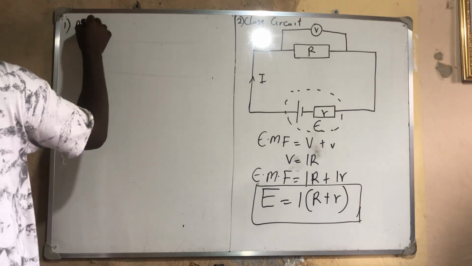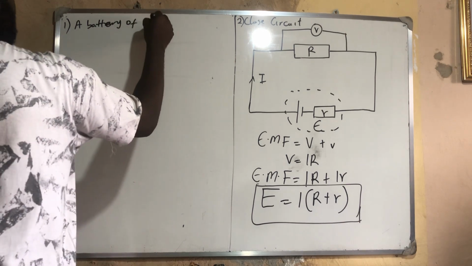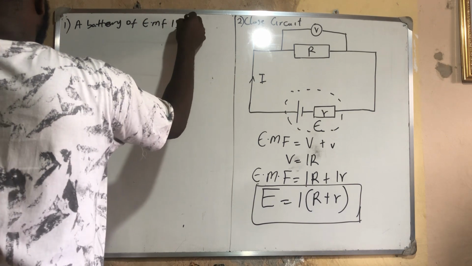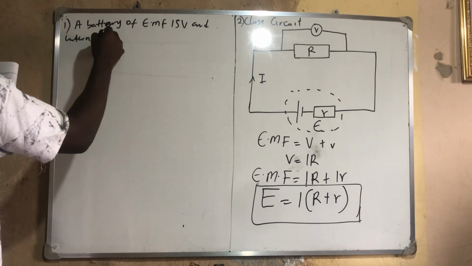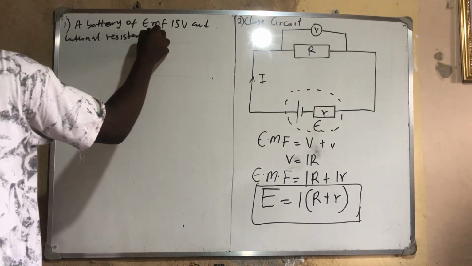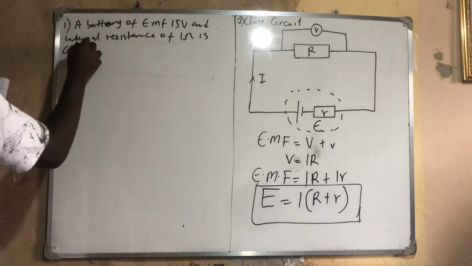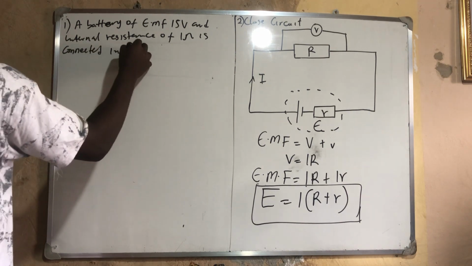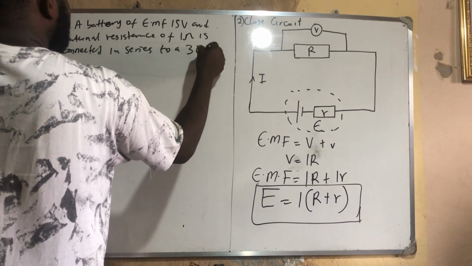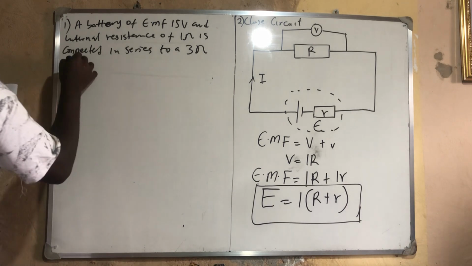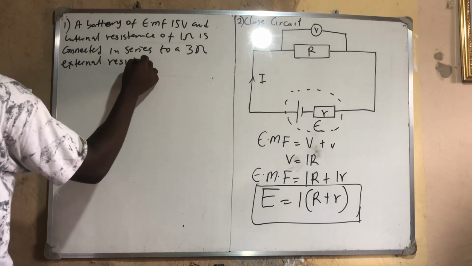They said a battery of EMF 15 volts and internal resistance of 1 ohm is connected in series to a 3 ohms external resistor.